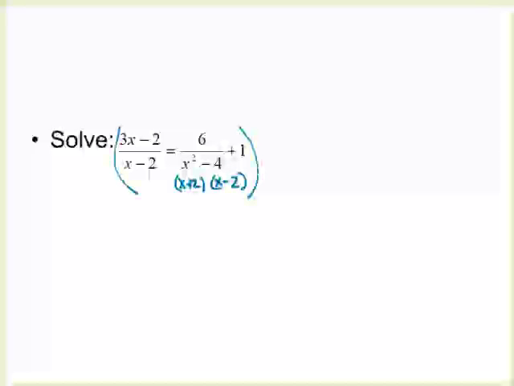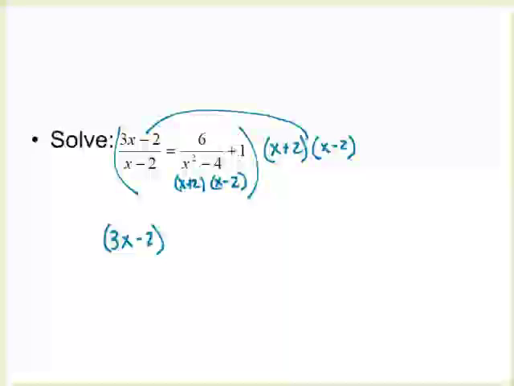So then what's our least common denominator going to be? x plus 2 and x minus 2 will cover everything that shows up in any of the denominators. So we multiply the first fraction. The x minus 2's would go, leaving the numerator and the x plus 2.